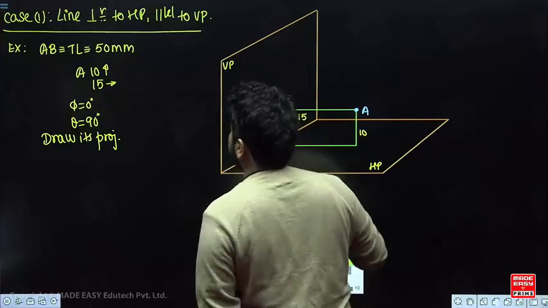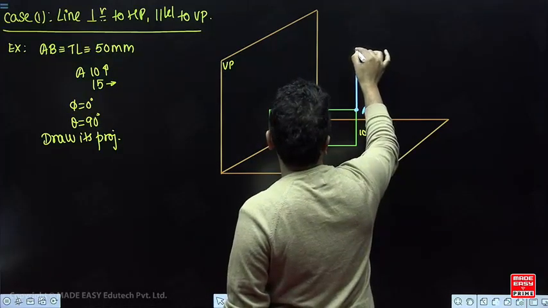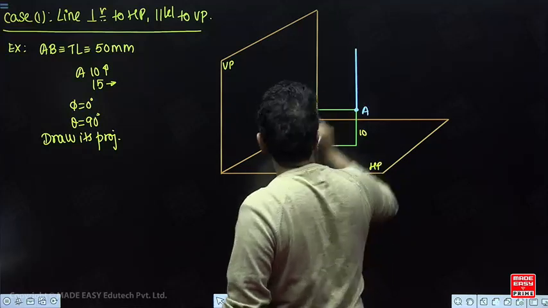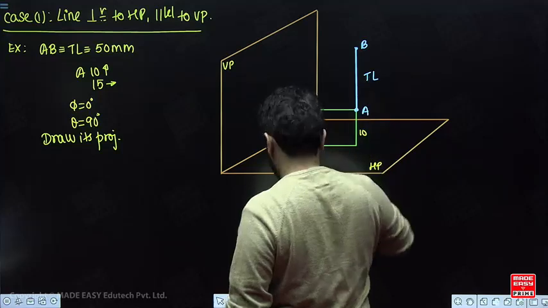So line is perpendicular to HP, parallel to VP. This is B point, this is true length, isn't it?